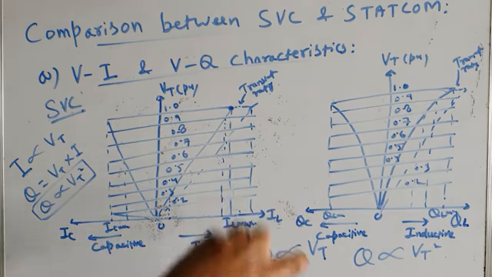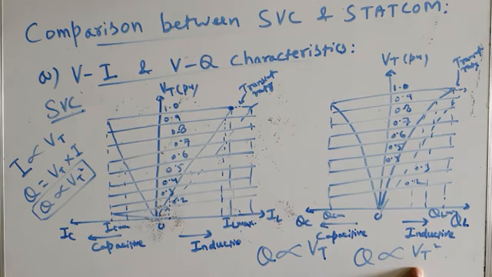But in case of SVC, it drops as the square of the bus voltage. So the drop in reactive power is more in SVC than in STATCOM. Therefore, STATCOM provides much more effective compensation and voltage support under large voltage disturbances.